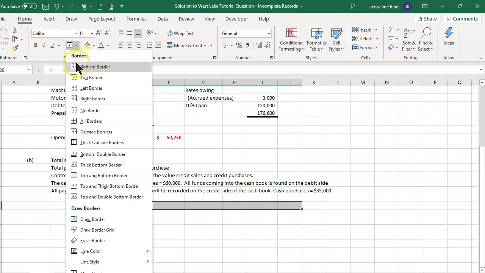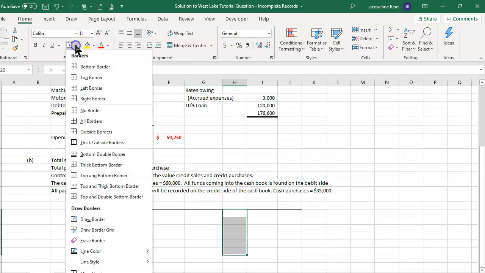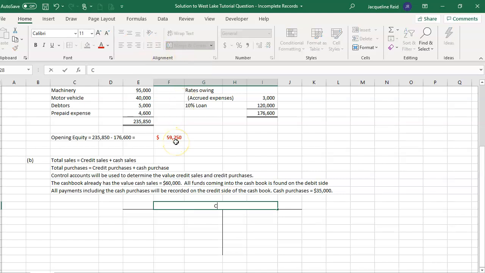We need the top part of the T, the middle of the T, and we need to get the title. So we're going to do the creditors control account first. It doesn't matter which one you do first, really. The creditors control account also has another name. It is called the purchases ledger control account.